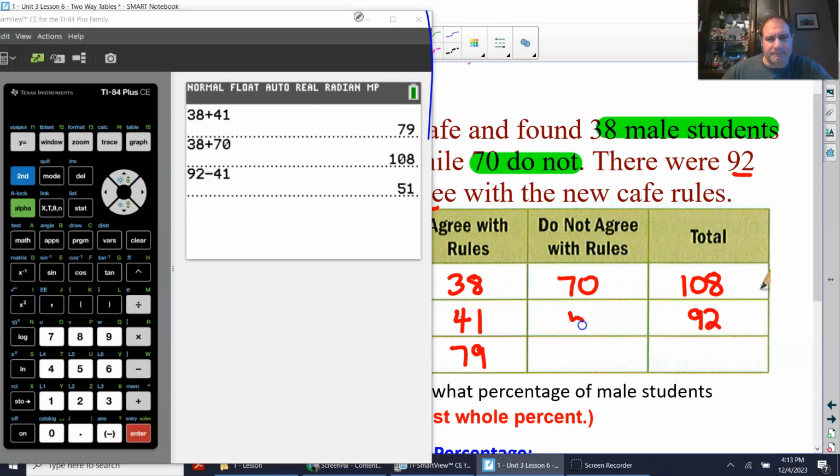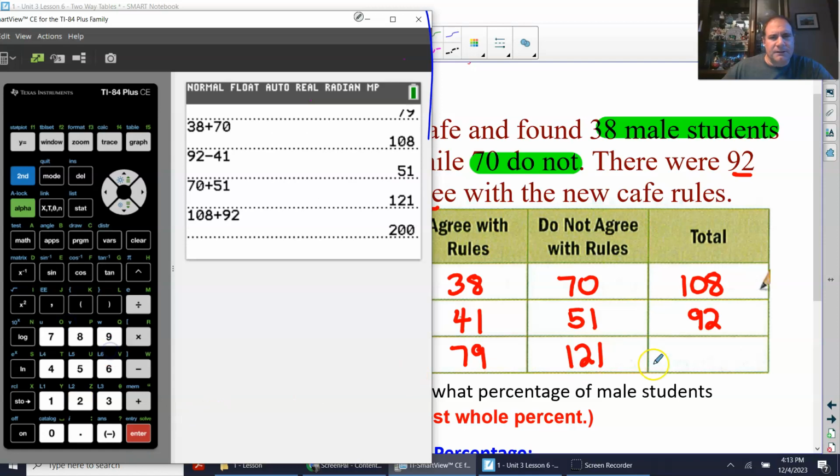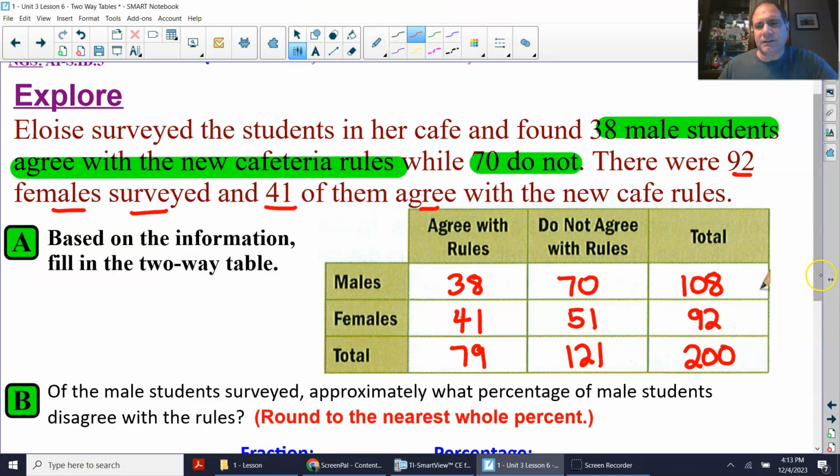It's 51. So it's 70 plus 51 is 121. 108 plus 92 is 200. And just like that, you finished the entire table.